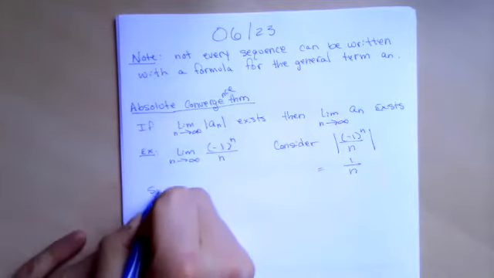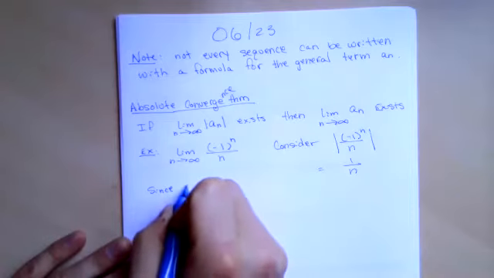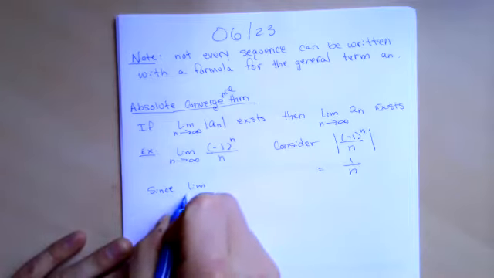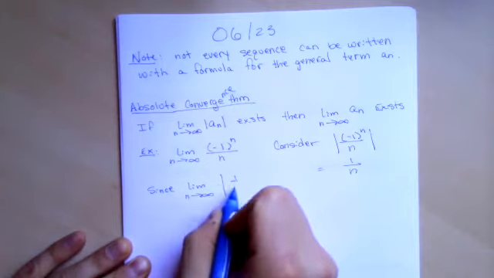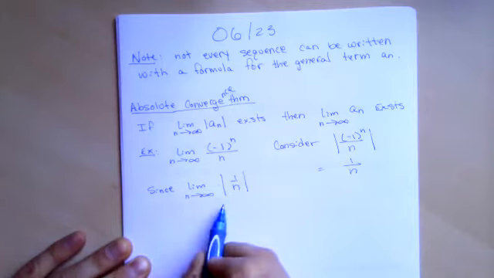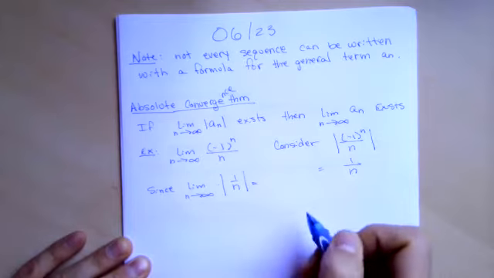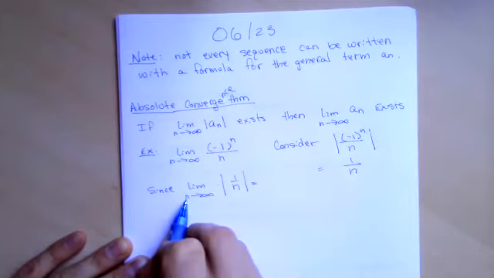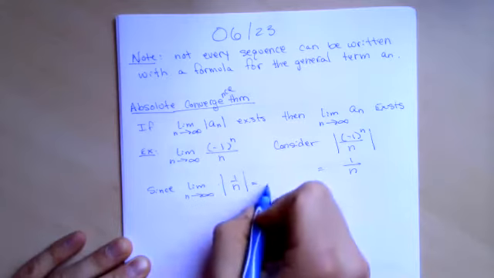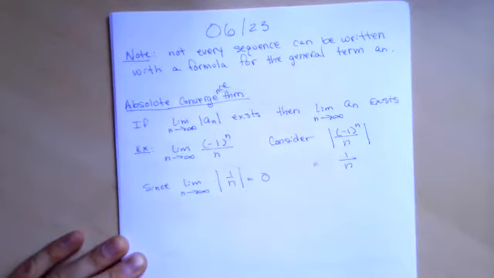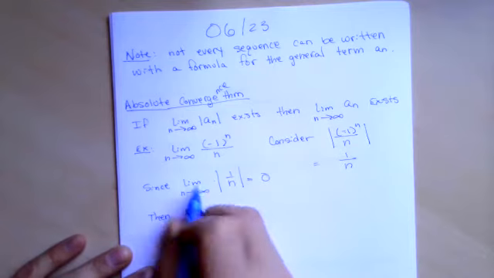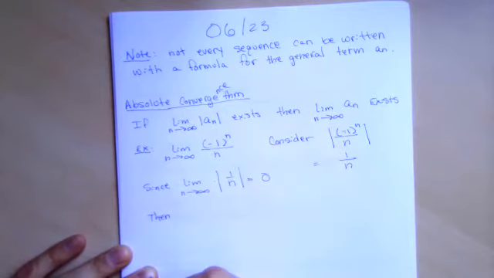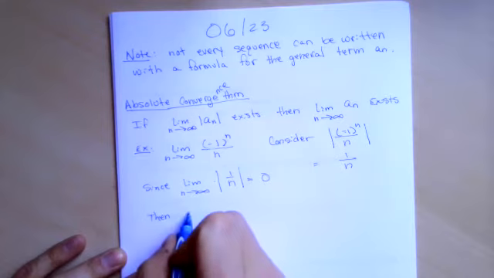And since this limit exists, and I didn't need the absolute values there, it's just 1 over n now, since our n are positive numbers, then the limit of an alternating sequence exists.